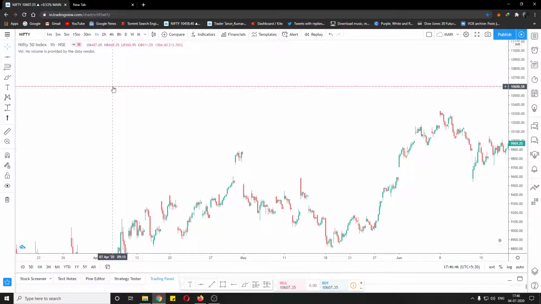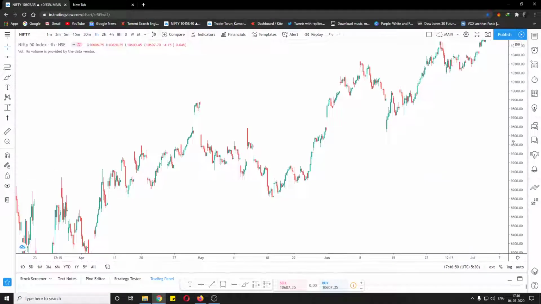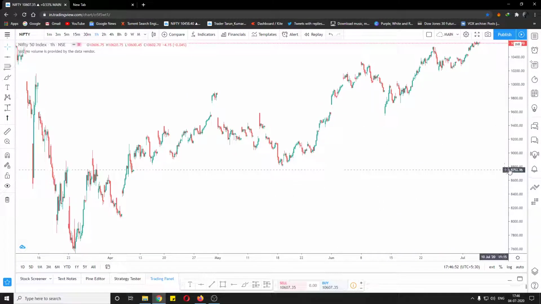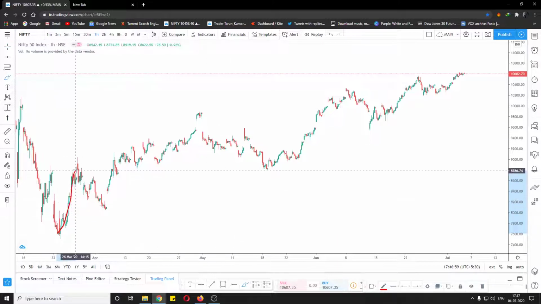So here I have the Nifty chart. It is on the 1 hour chart, and if we see the chart from this point onwards, then the chart is bullish because we have been continuously making higher highs and higher lows.